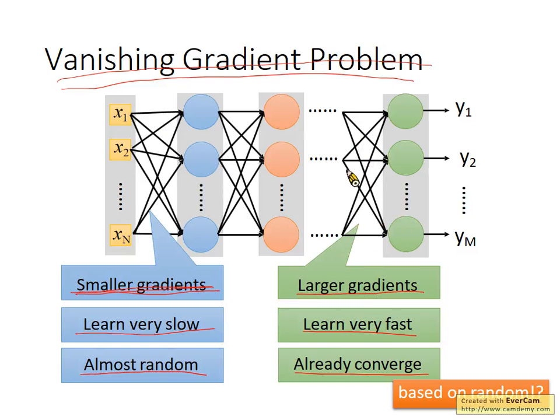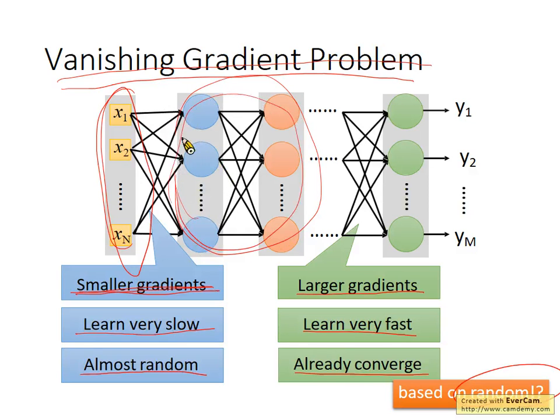However, this problem is quite significant because it makes the whole neural network essentially based on randomness. You can imagine that we input data here, and then we do several processing steps whose parameters are almost random, and then we have good parameters at late layers. We are basically basing the classification on random data.